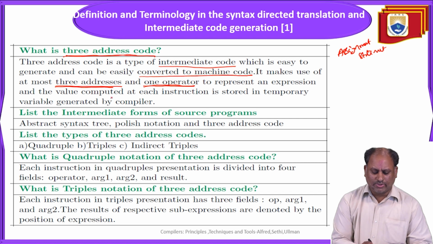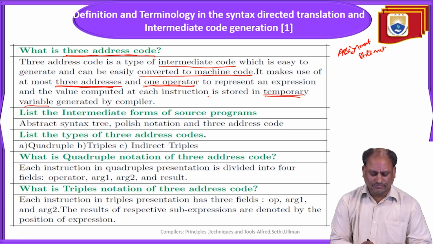And the value computed at each instruction is stored in a separate variable, that is called a temporary variable, which is generated by the compiler. So this is the main important one, what is meant by 3-address code.